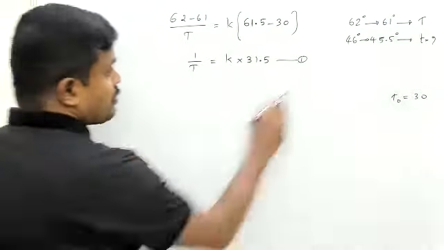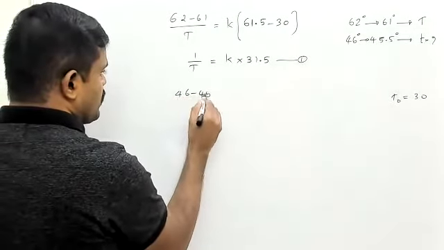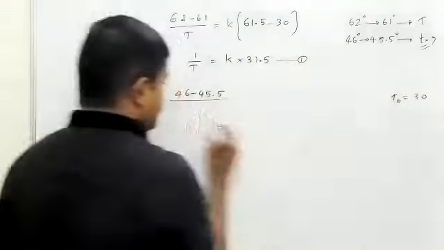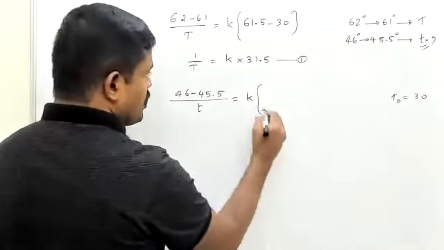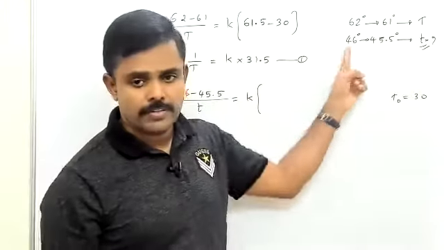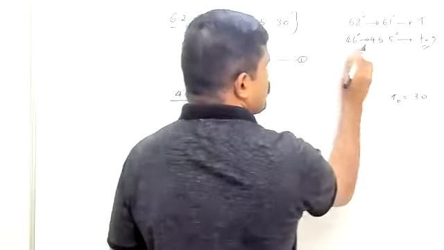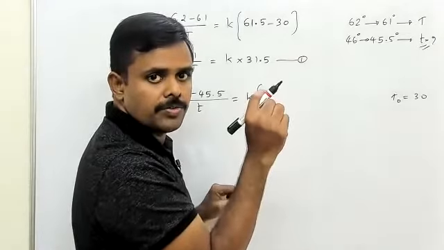Second case, I can write 46 and 45.5. 46 minus 45.5 divided by the time taken, small t, is equal to K into the average of 46 and 45.5. Find the difference, 0.5. Split it into half, 0.25.